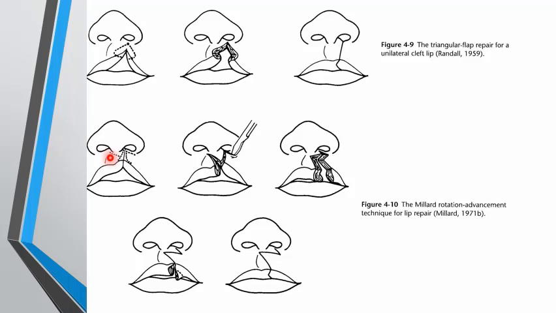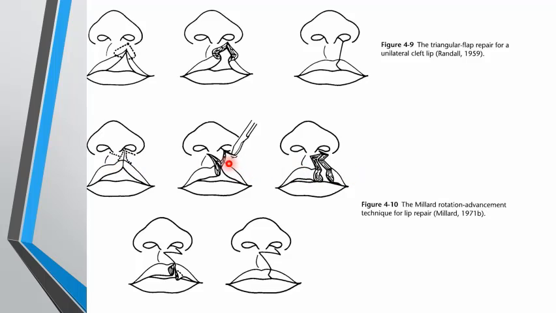This is called the rotation flap. If we incise here, following this line, and then rotate this part of tissue downward, like this, it's called the rotation flap. This is the first flap. We can also incise the tissue here and then advance it to meet the opposite side, so it's called the advancement flap.